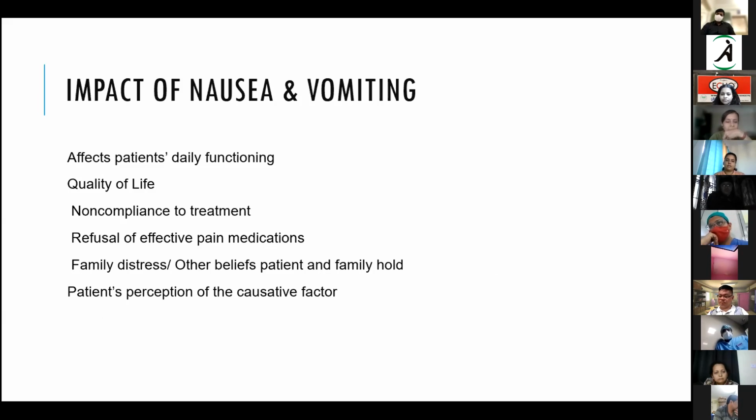Sometimes there could even be family distress, and other beliefs that the patient and the family hold. There could be many underlying issues triggering it, or the patient's own perception of the causative factor. Maybe you give not a painkiller but just some medicine to help sleep, and they say, this causes nausea to me, I'm not going to take it.